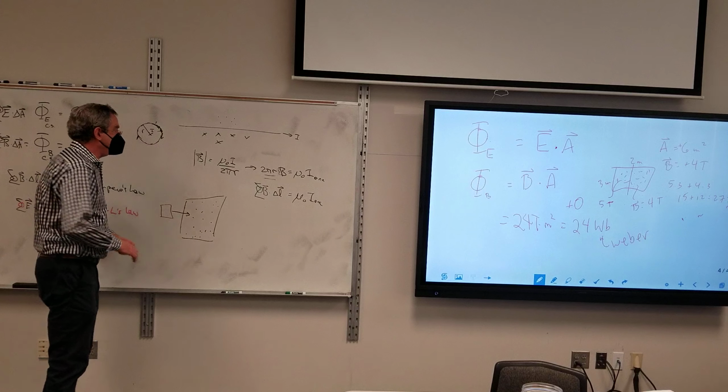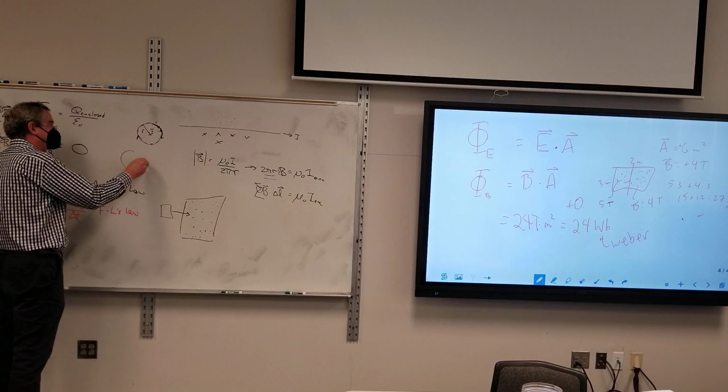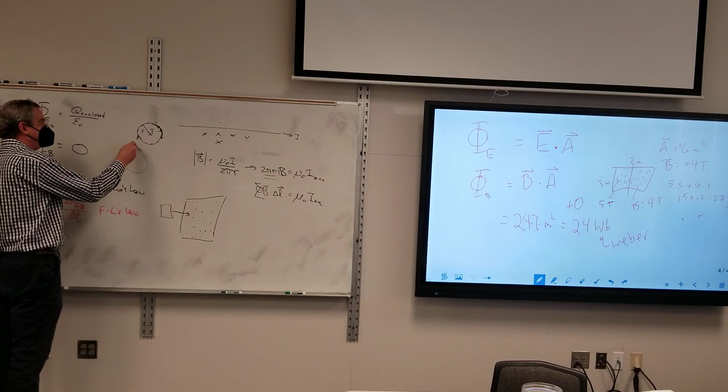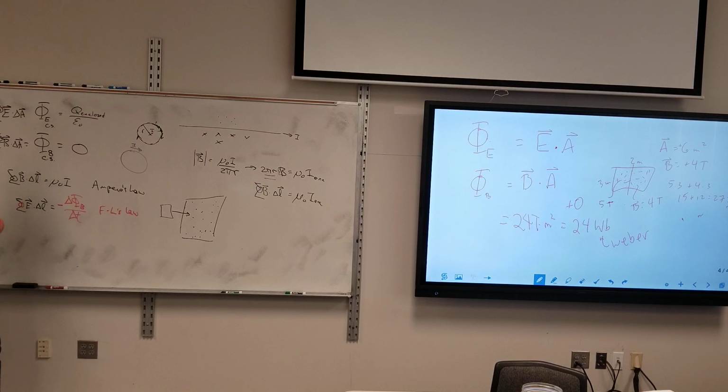If I have a loop of wire with a current flowing this way, clockwise, which way will the magnetic field be in the middle?